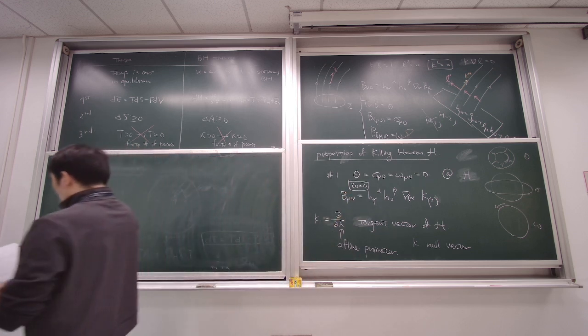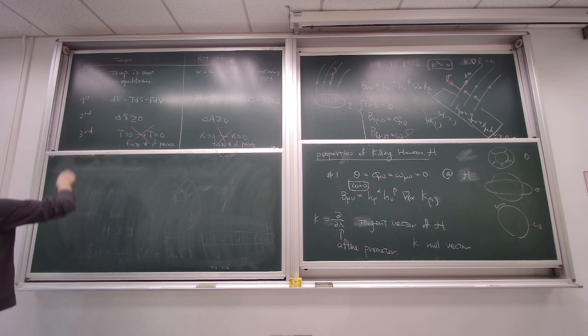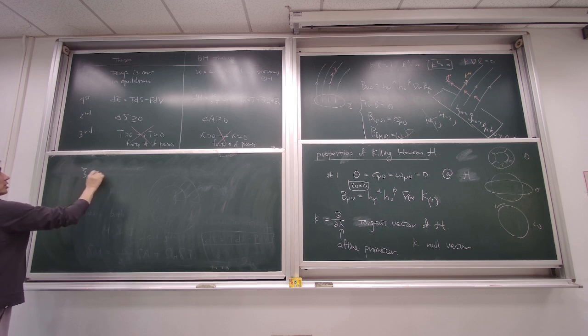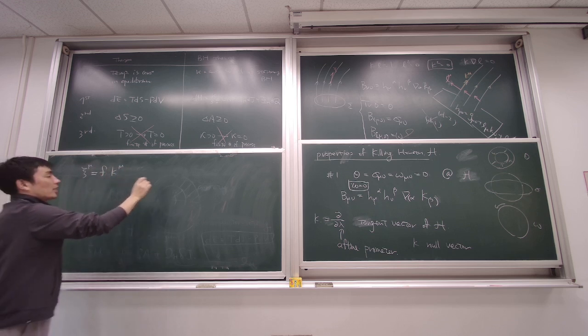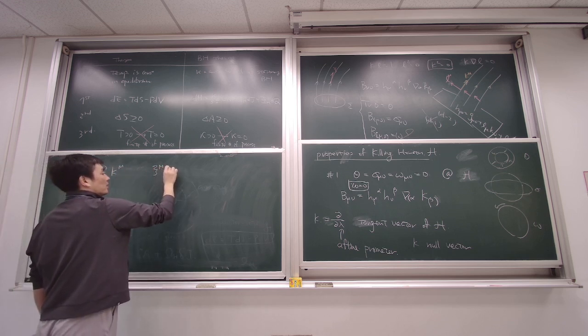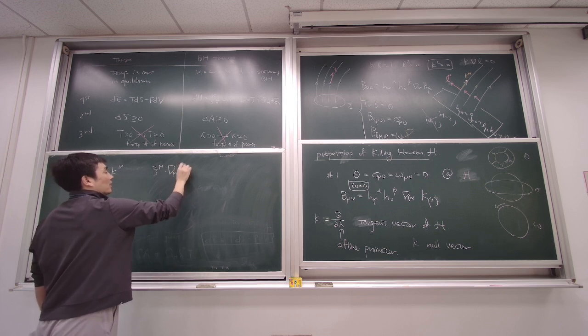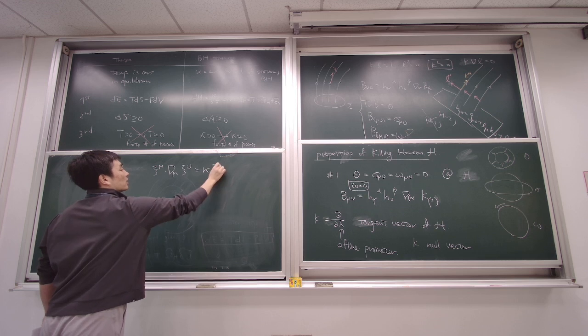Now we remember that the Killing horizon is specified by a vector proportional to k, with f some function such that the derivative of k is equal to kappa times k.